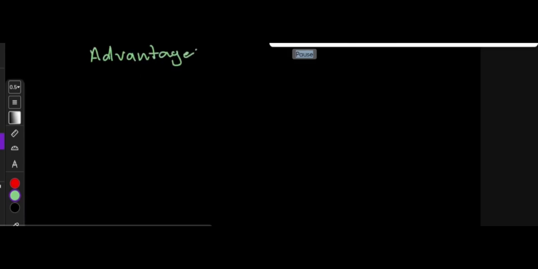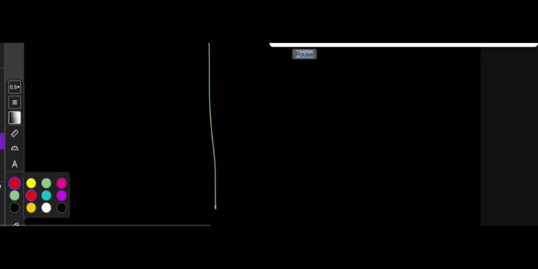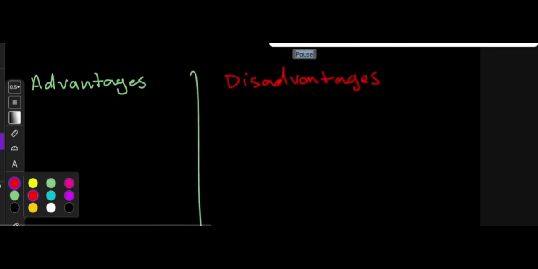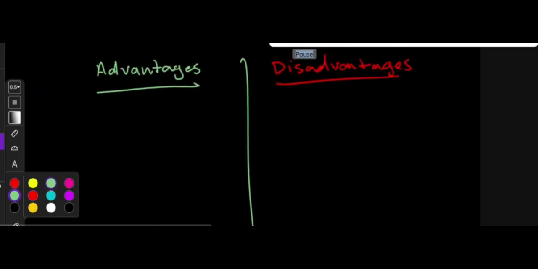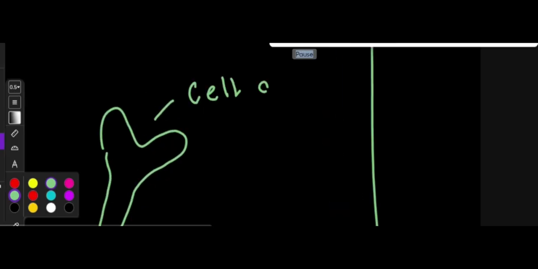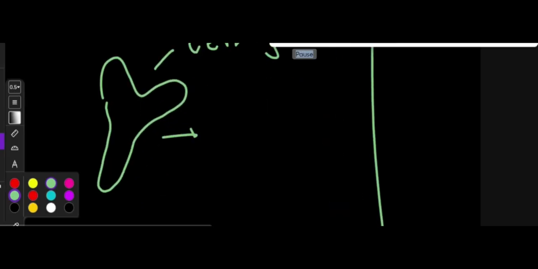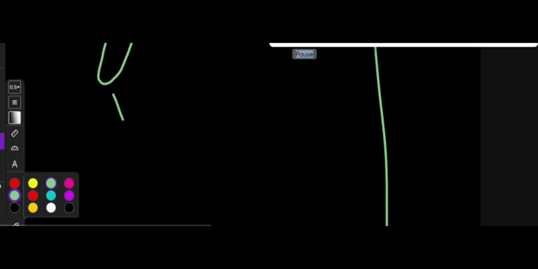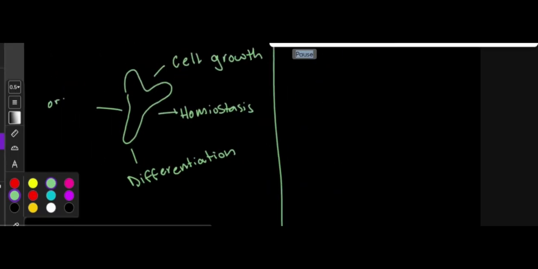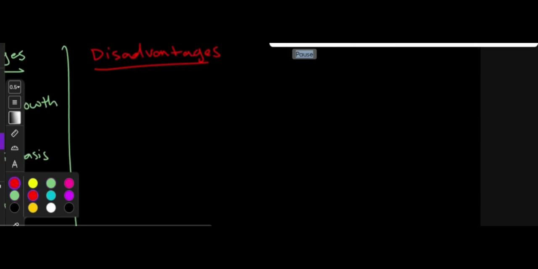Alright, so some advantages of this group of receptors include cell growth, differentiation, homeostasis, and various organ functions in the adult.